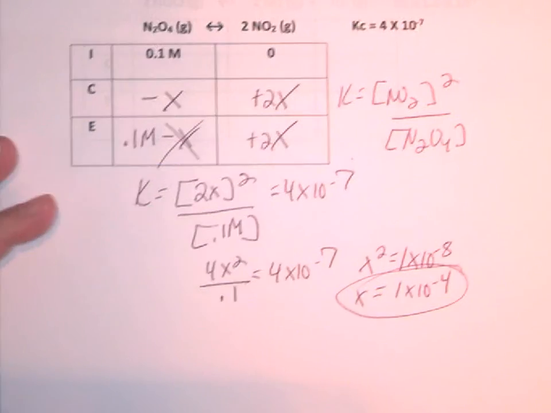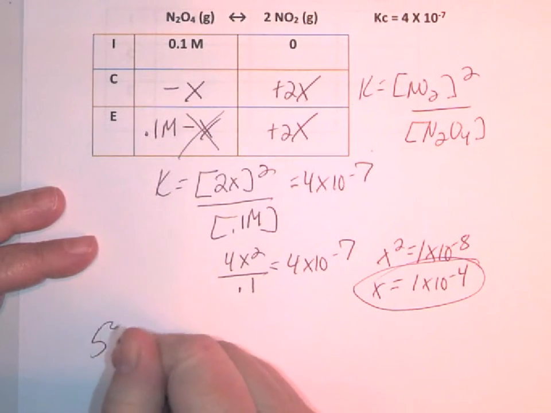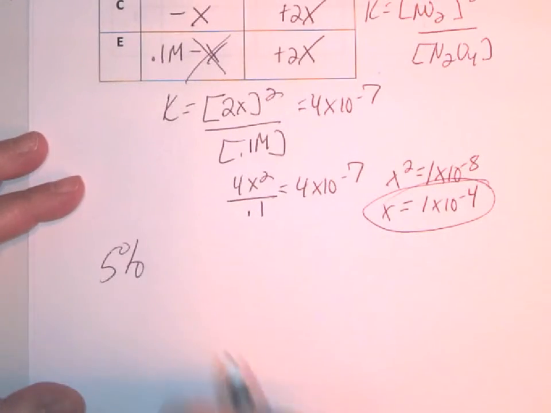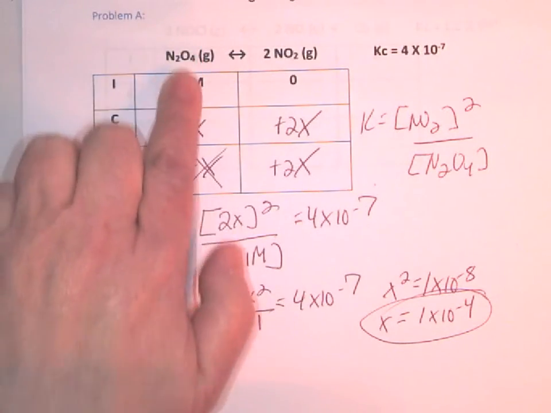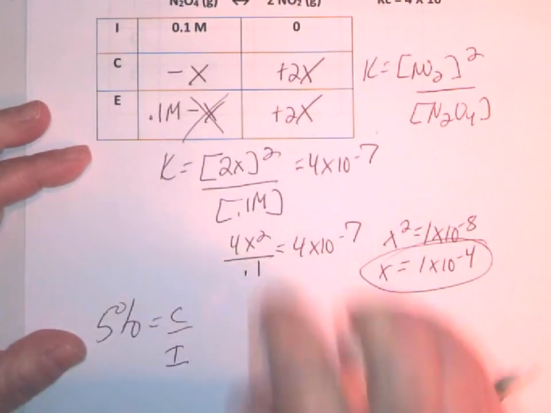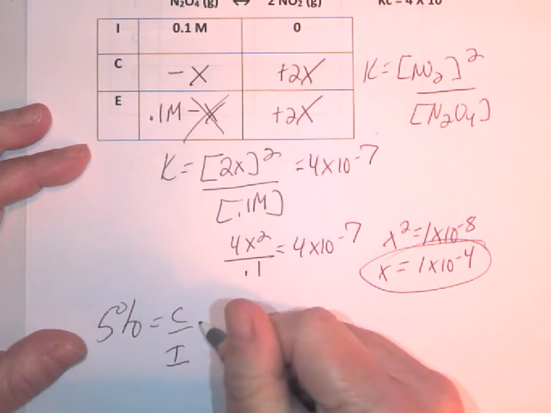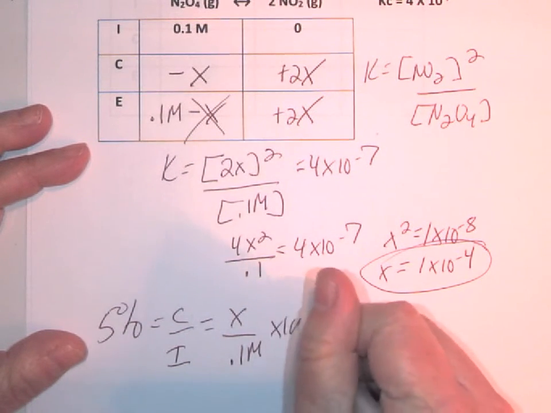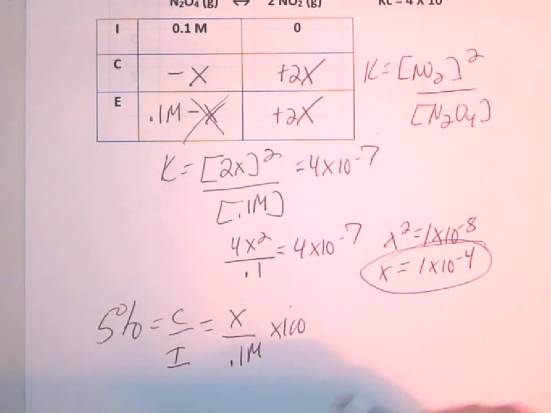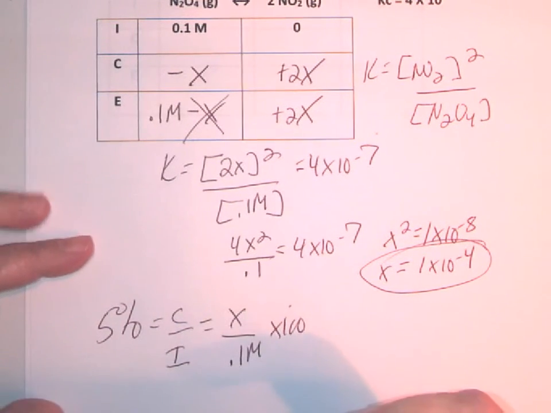I have to do the 5% rule because I've made an assumption, so that's equal to C over I. I'm only interested in the column where I made that assumption. So remember, I'm going to take the absolute value, which is x divided by 0.1 times 100. I'm going to put the x value where it belongs in here.